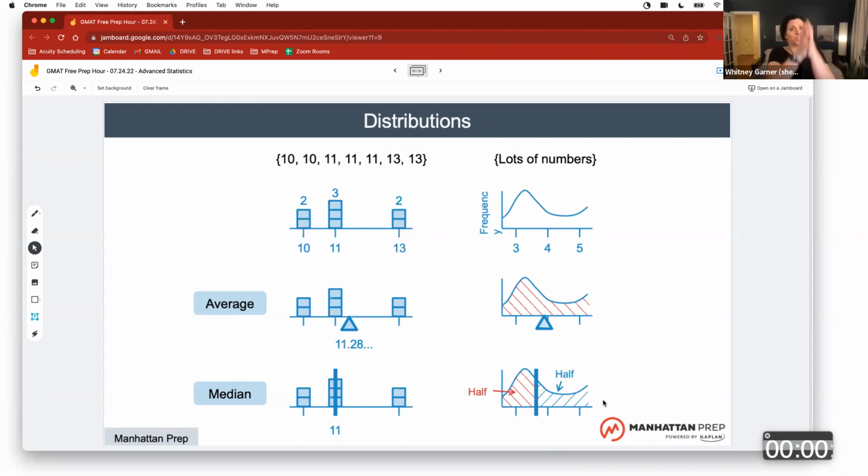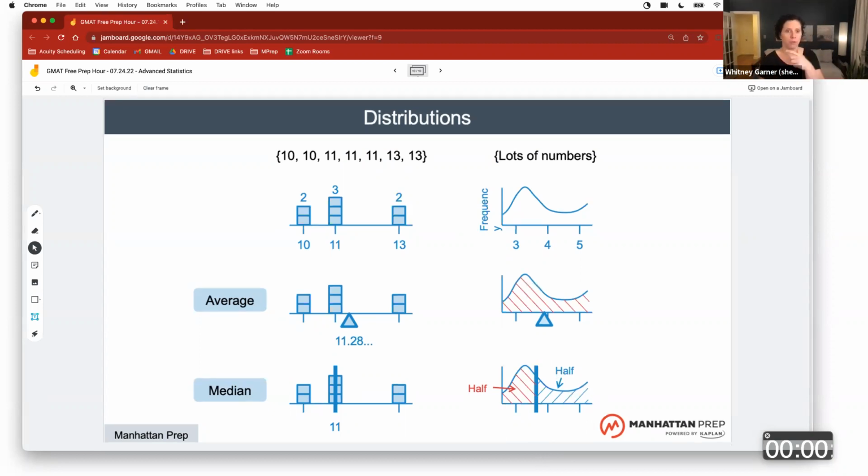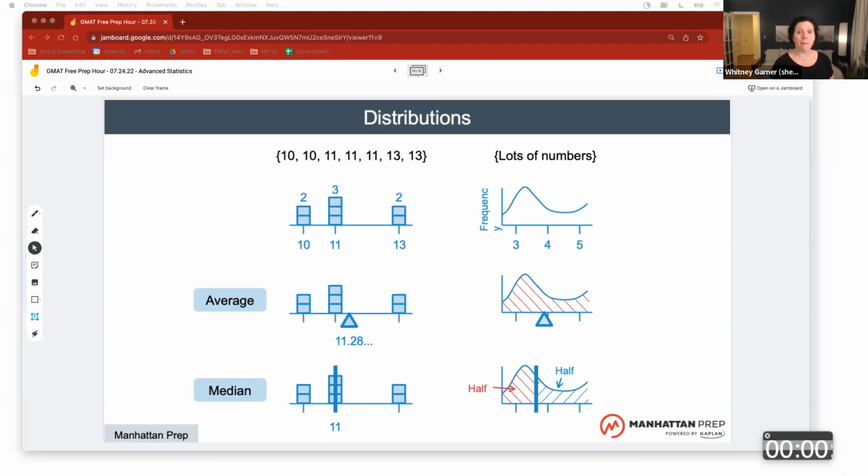So it stays hugged towards wherever the bulk of my observations are. But my average gets pulled in whichever tail or end has observations that are further afield. They get pulled further and further out in that direction. So if we go back to our question of what's the story about average versus median?